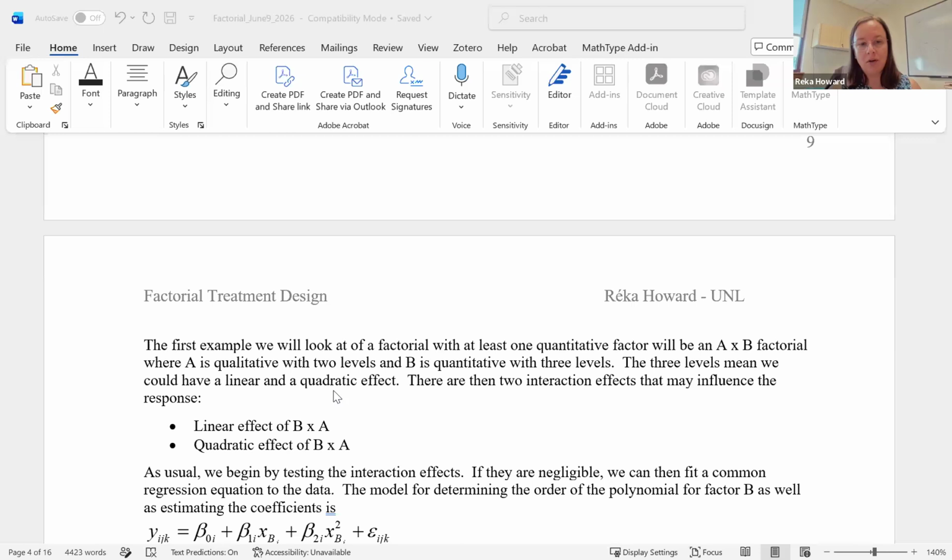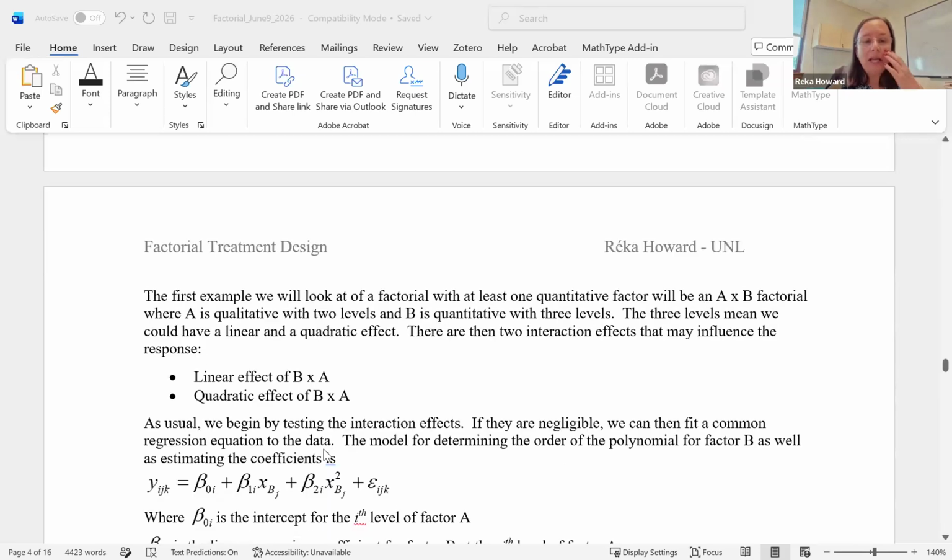And since I can have the linear and quadratic effect for the quantitative factor, I can have two interactions: the interaction between the linear effect of B, the quantitative factor, with the qualitative factor A, and then the quadratic effect of B interacting with the qualitative factor A.